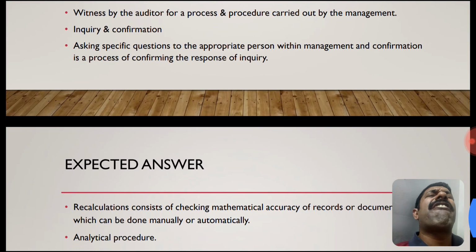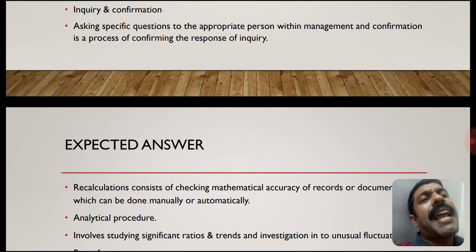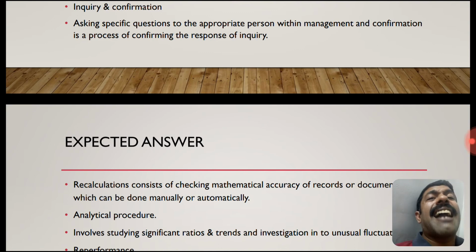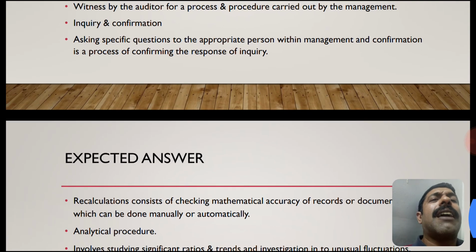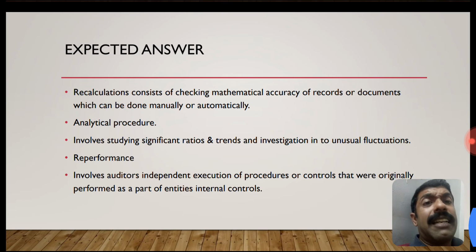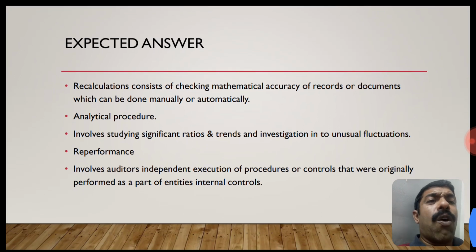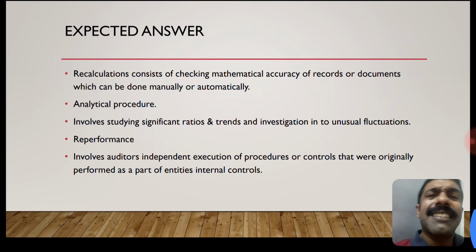Inquiry and confirmation. Inquiry means asking specific questions for obtaining audit evidence, and confirmation is a process of response confirming the inquiry. Recalculation consists of checking mathematical accuracy of records or documents, which can be done manually or automatically.